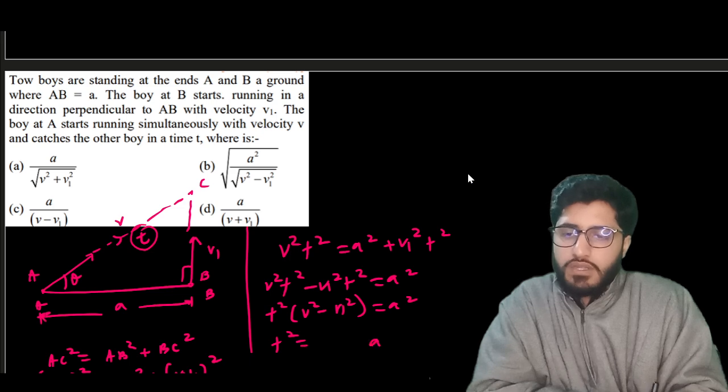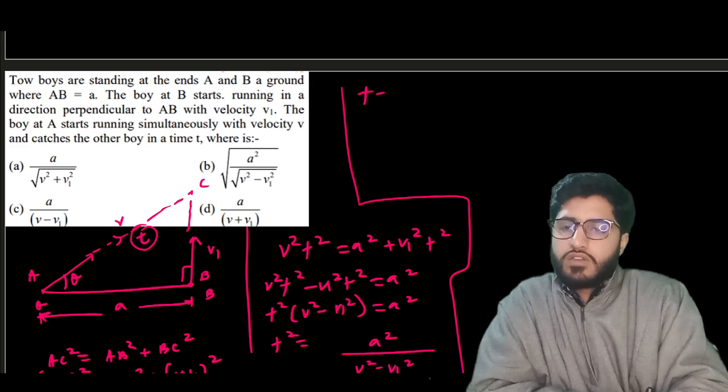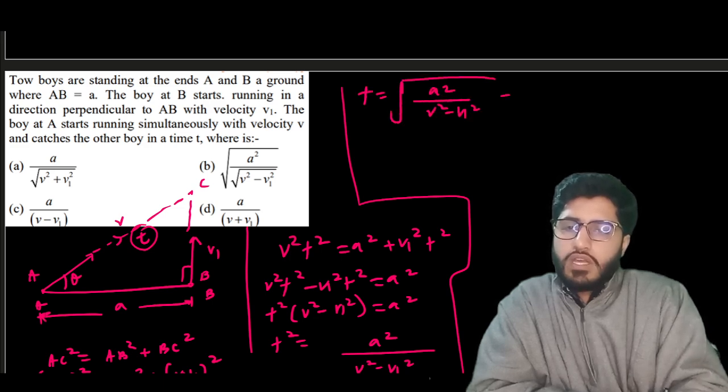T square came out to be a square divided by v square minus v1 square. So t is equal to under root of a square divided by v square minus v1 square, or a divided by under root of v square minus v1 square.